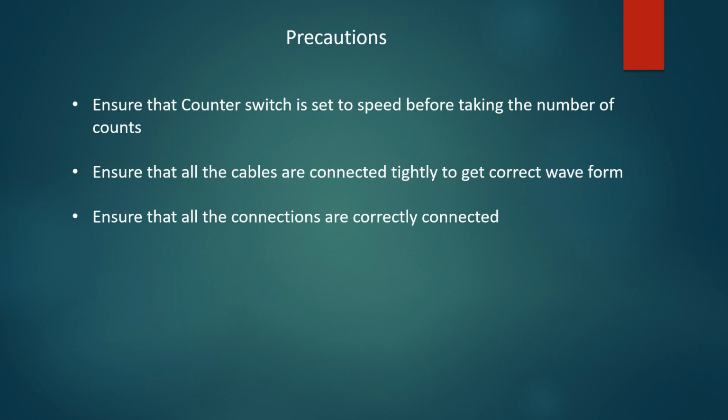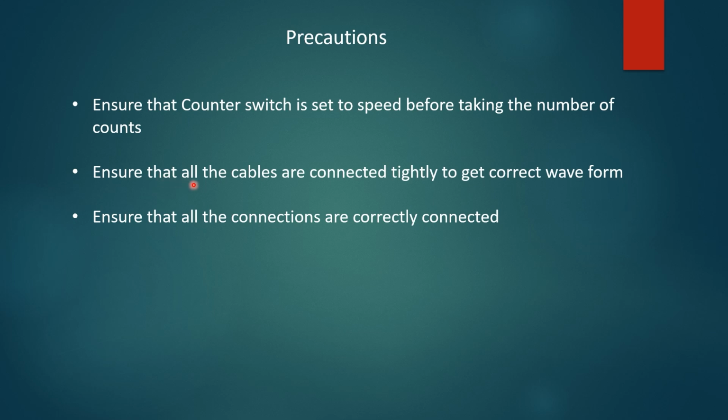Coming to the precautions, there are 3 precautions that need to be taken care of to get an accurate result. The first one is to set the counter switch to speed before taking the number of counts, or else the number of counts will be 0, or we won't get the number of counts.